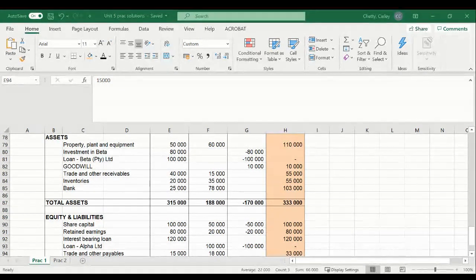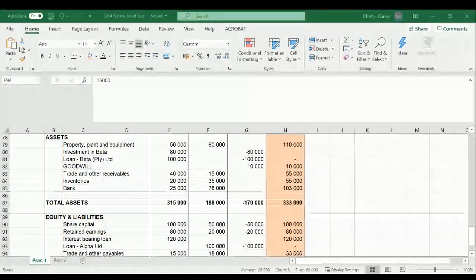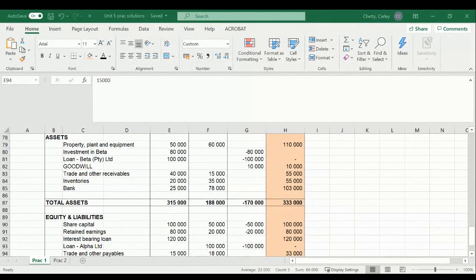I think what's important is that before you can do your pro forma journal entries, you need to understand what journal entry was recorded when Alpha sold to Beta. If Alpha sold to Beta, you would be crediting revenue, and then maybe they bought on credit. In Alpha's books, if they sold for cash, the journal entry would be debit bank and then credit revenue to record the sale.